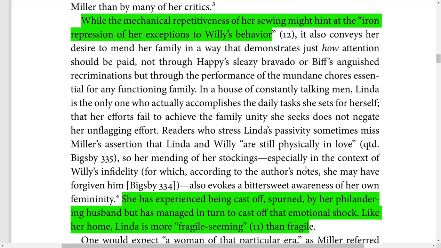She has experienced being cast off, spurned by her philandering husband, but has managed in turn to cast off that emotional shock."